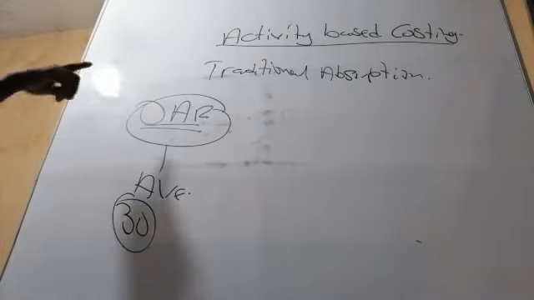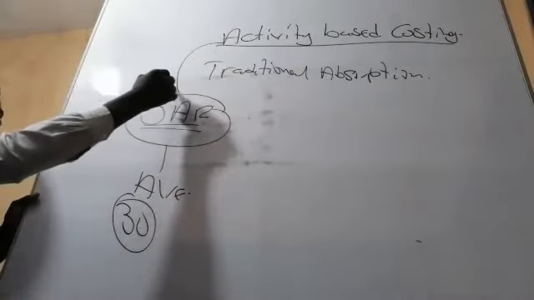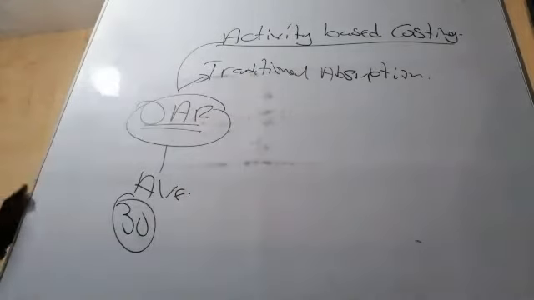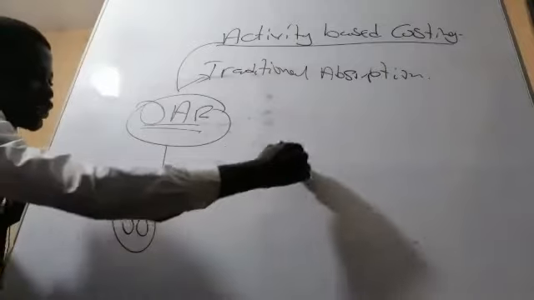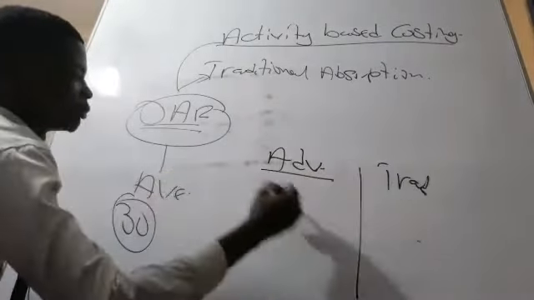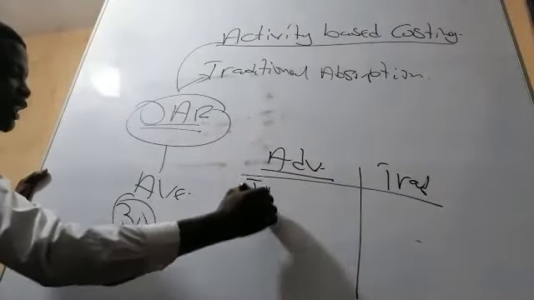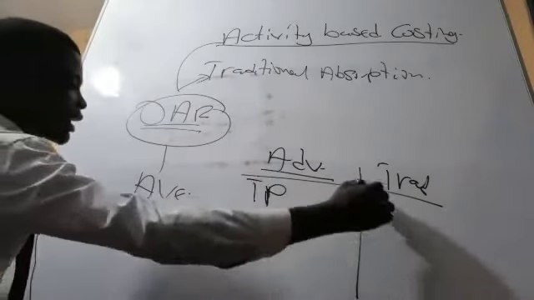So activity-based costing is the advanced cost accounting technique which opposes the traditional absorption costing. And the throughput accounting that we just finished also opposes the traditional system, which one? Marginal costing. So there are two advanced techniques and two traditional ones, and they go in pairs. Throughput, which we are done with, opposes marginal costing.